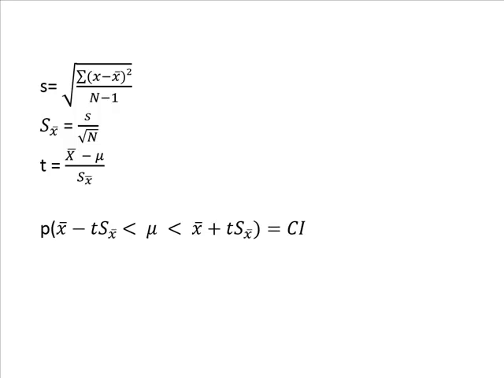It's the same thing. The only thing that I've done to these equations is take the z out and replace it with the t. So look at the first one. That's the same. We just have the n minus 1 at the bottom. So finding s, finding the variance of your sample is the same. The sum of the difference from the mean squared divided by n minus 1.